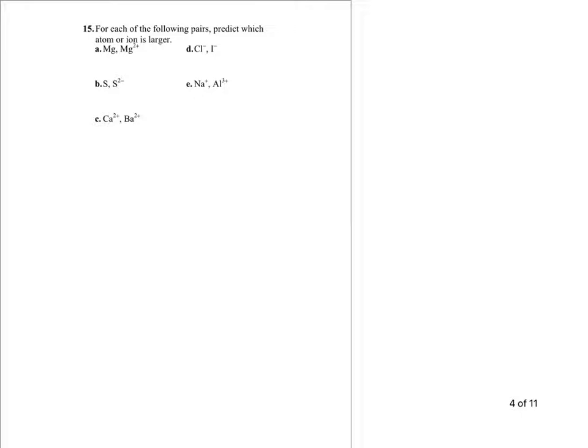Number 15. Predict which atom or ion is larger. Now, I'll give you each of the answers, and then I'll go back on this one and talk a little bit about why. But A, we have magnesium.